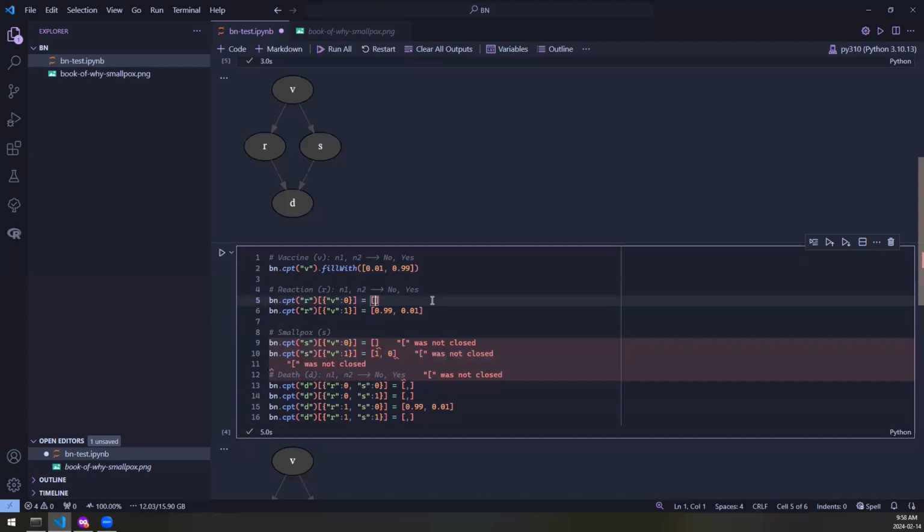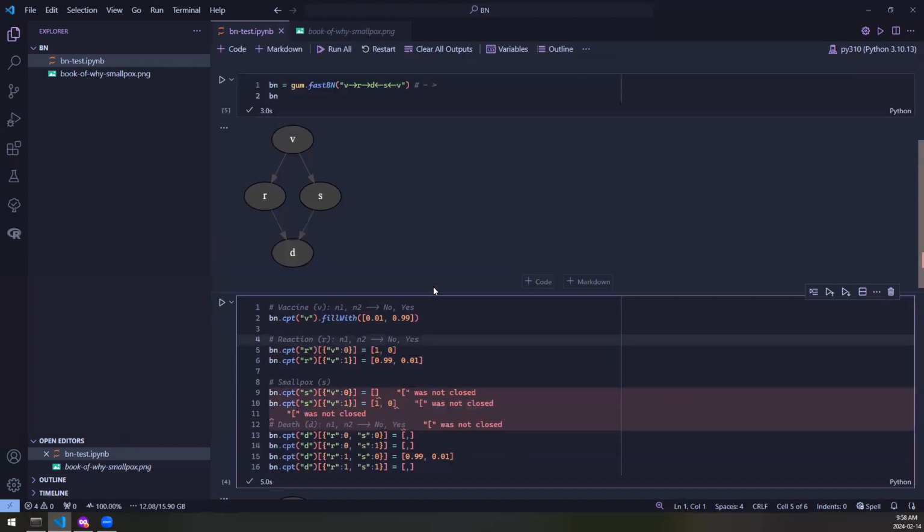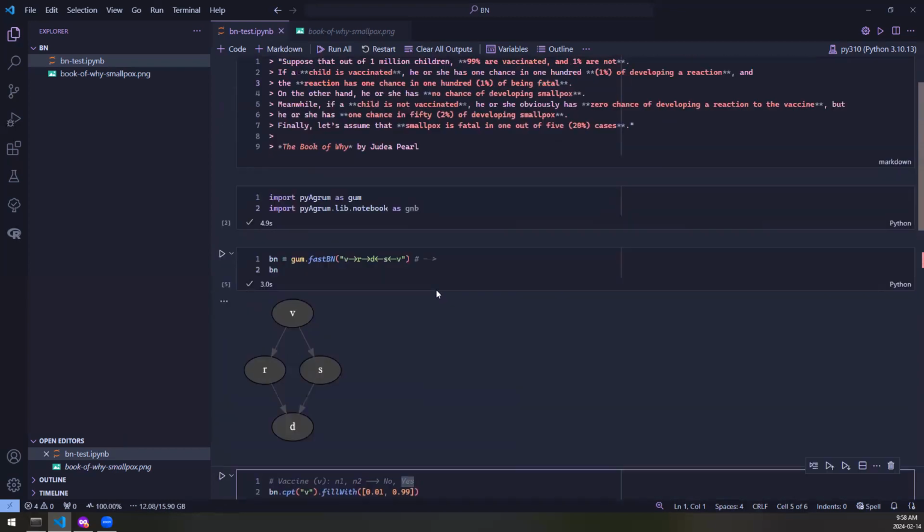So reaction no will be 100% and 0% for yes, just because in this situation we are considering vaccine equals false. So that child was not vaccinated. Okay, so not vaccinated, no reaction at all.